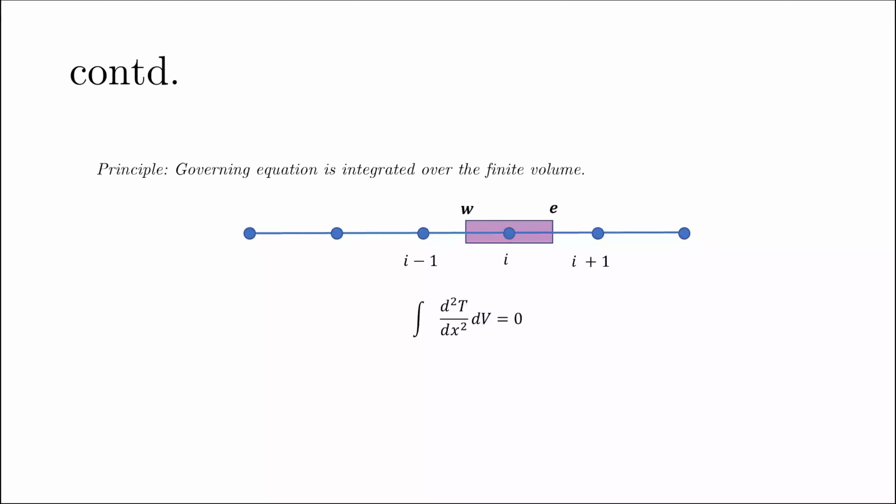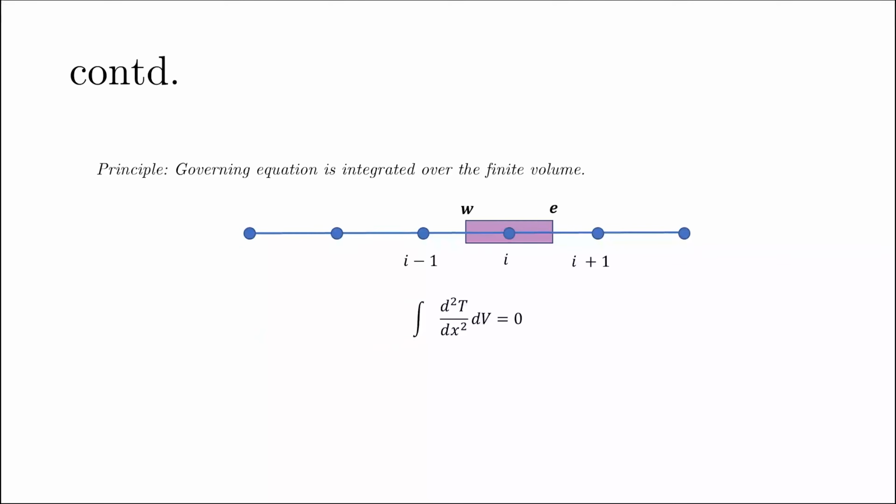We integrate it with respect to the volume. That is important. We have to integrate it with respect to the volume, which could be a three-dimensional entity. Here, because we have a one-dimensional system, we can conveniently replace that with integration with respect to x, and accordingly we can have the limits going from small w to small e. So we integrate it over the control volume, and the integration goes from the west face to the east face.